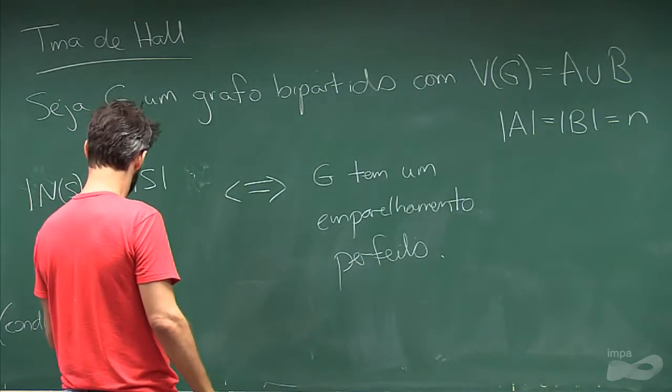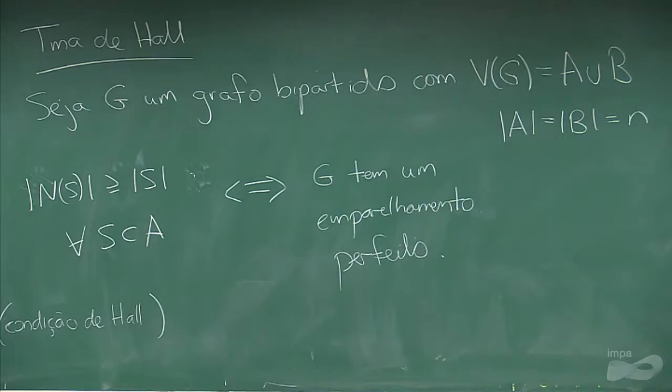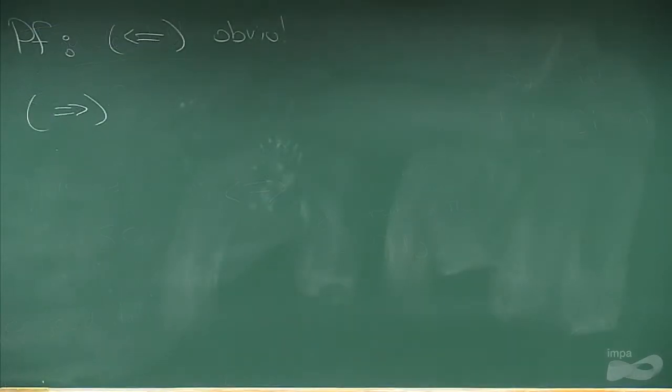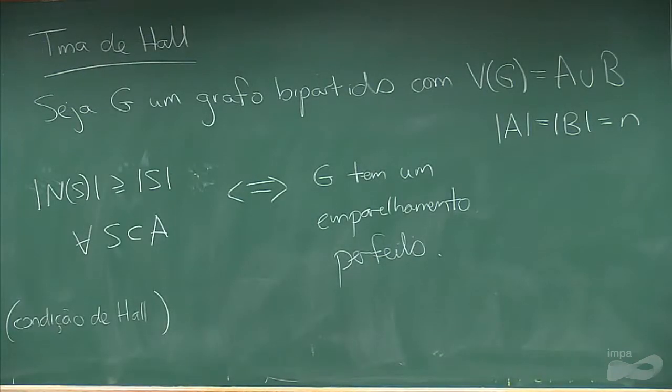So how do you want to prove the other direction? Given a graph with this property, which is called Hall's condition, we're going to show that it has a perfect matching. Will you try finding a set whose neighborhood size divided by the size of itself is minimum, and then try matching there?